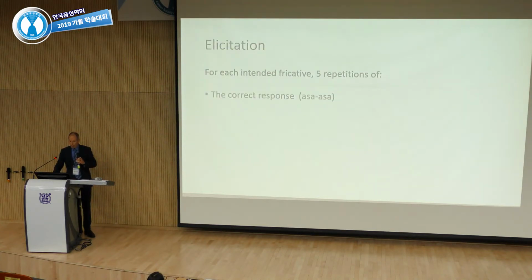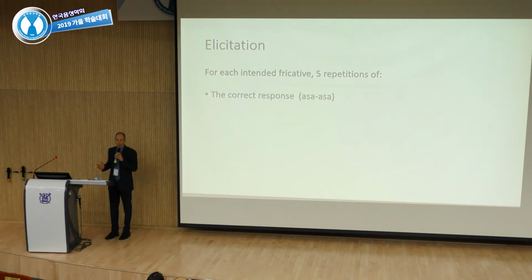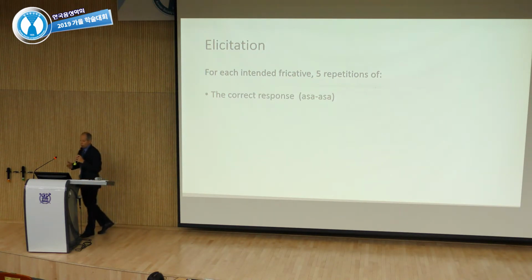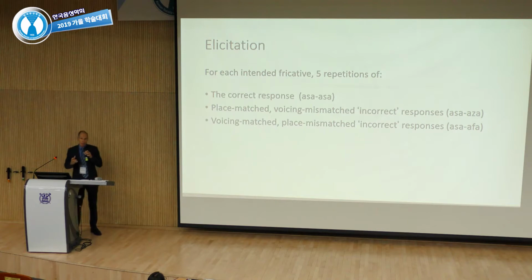Now, in reality, of course, there was no speech recognition software whatsoever. We had just set up our program to systematically make these speakers believe certain misperceptions were taking place. So, of course, it could be a correct response. The computer asks you to say asa. You say asa. The computer says, great, let's move on. But in the other cases, we had either something that matched in place but mismatched in voicing.